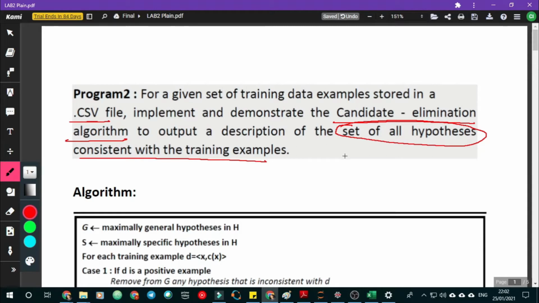The find-S algorithm's output is a single hypothesis, but the candidate elimination algorithm's output is a set of hypotheses. A set of hypotheses means it won't give you the specific one, but it will give multiple hypotheses.